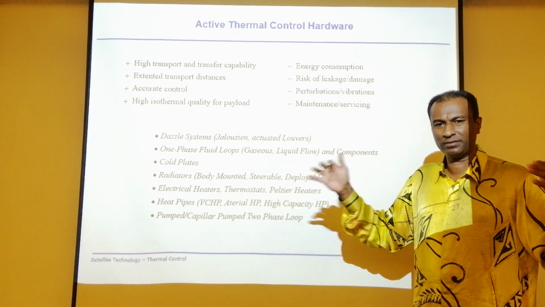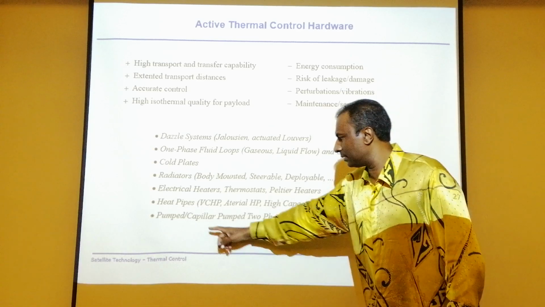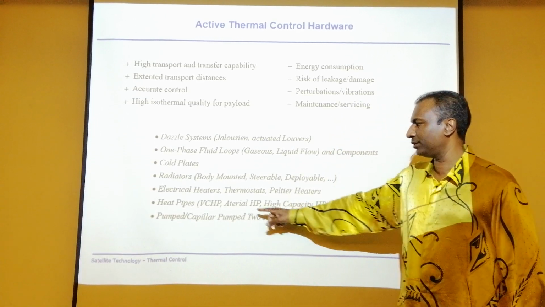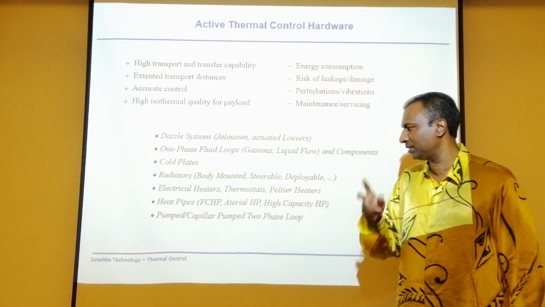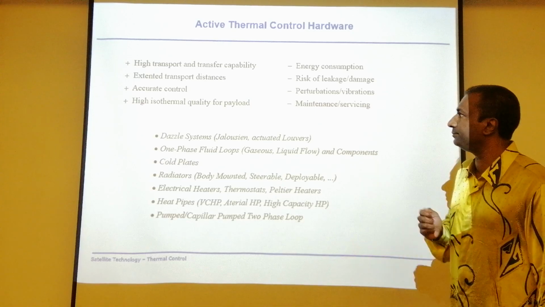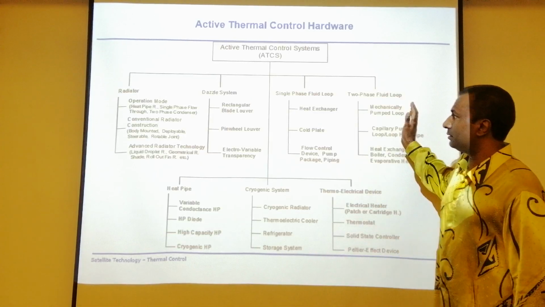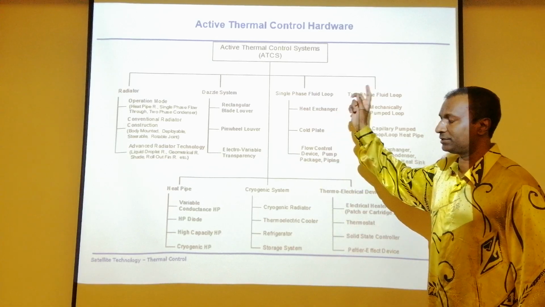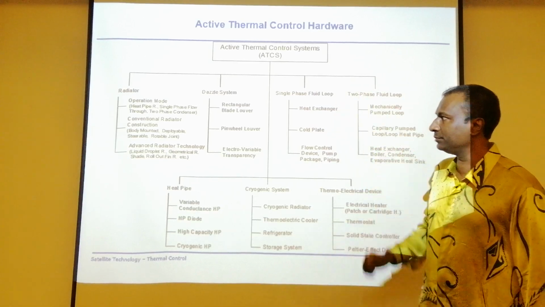So you need to cool them down. Pump, capillary pump, or two-phase: these are the options that you will have for heat pipes. Two-phase, or even single-phase. So, as with passive control, you now have active control. Radiator.